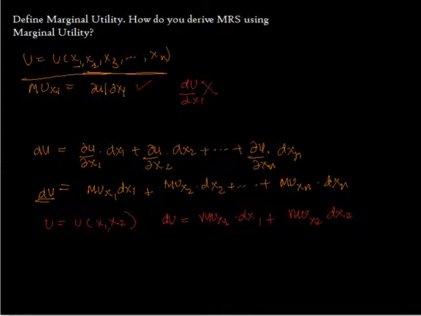You are trying to find the changes in the level of consumption of x1 and x2 when you increase their consumption slightly while keeping the utility constant. Keeping utility constant means you are on the same indifference curve, so there should not be any change in u, and hence du should be equal to 0.